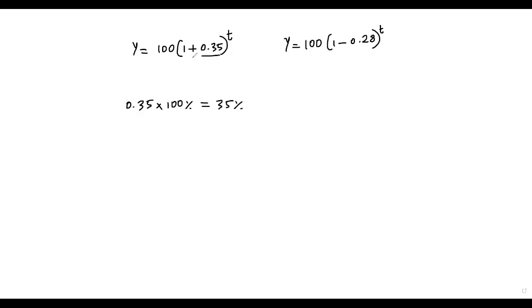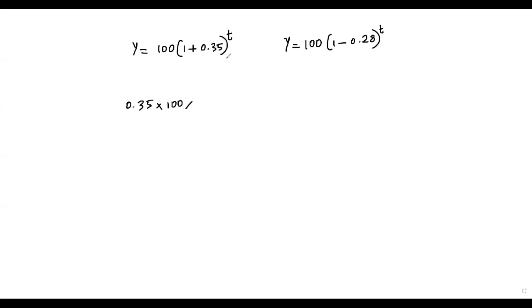Since 0.35 is added to 1, there is an addition sign between 1 and 0.35, and its value is 1.35, which is greater than 1, so it's an exponential growth function. To find the growth rate, you just take the value which is added to 1 and multiply it by 100 to get the percentage. So the growth rate is 35%. And here 100 is the initial value of y, that is, when t is equal to 0.